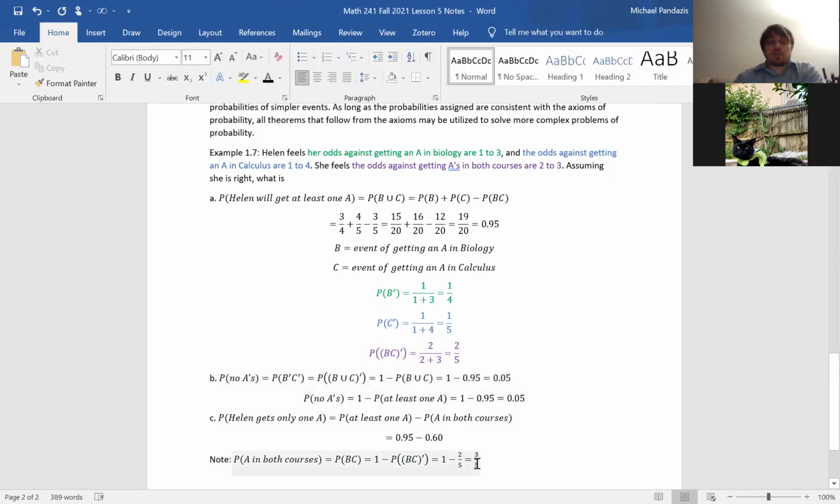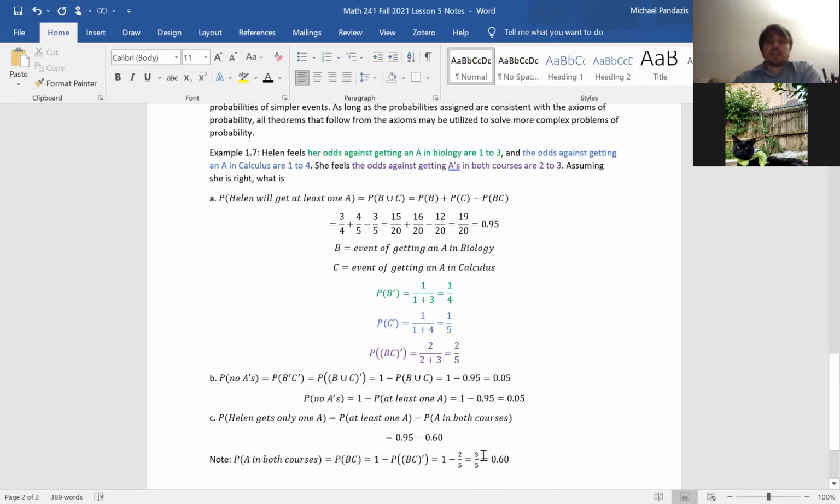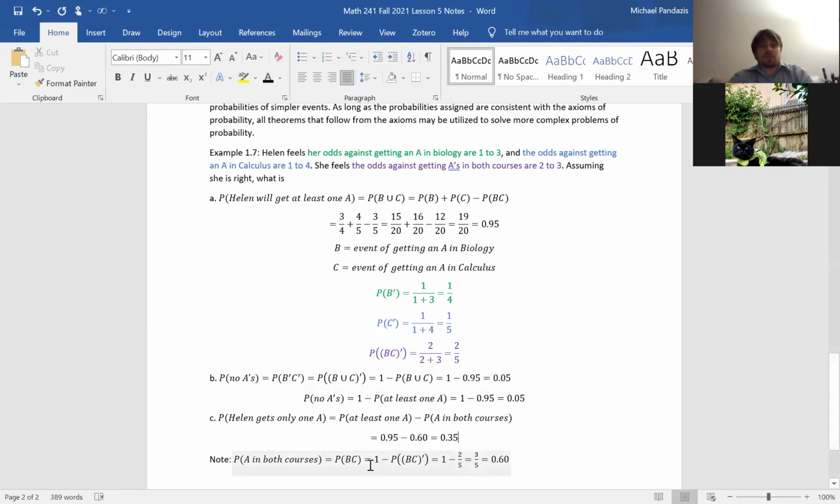So the probability of A in both courses is 3/5, and 3/5 as a decimal is 0.60. So we substitute 0.60. That's equal to 0.95 minus 0.60, which is 0.35. That's the answer. So the probability Helen gets only one A is 0.35.